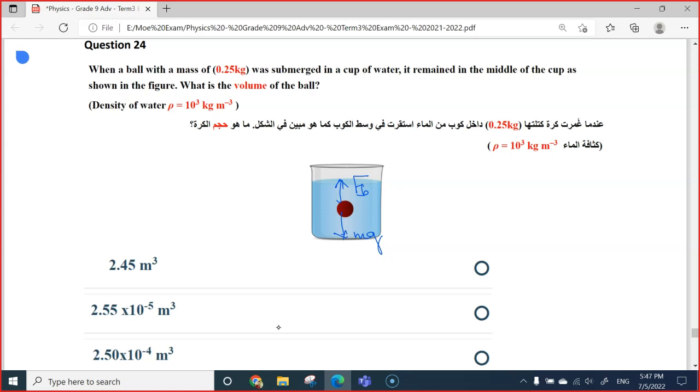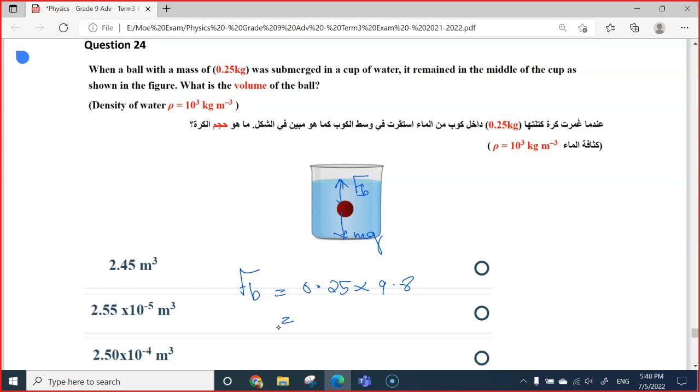So here the buoyant force is equal to the weight of the object. That is why it is staying in the middle of the water. So we will calculate the buoyant force as mg, where m is 0.25 and g is 9.8.